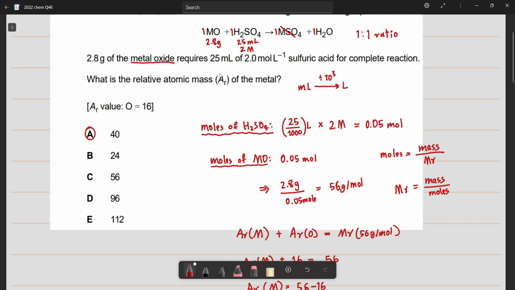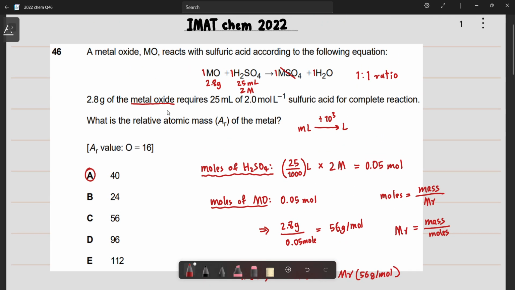It's fairly easy. First, you have to focus on the given data. We're only given data for the reactants, so we're going to focus only on the reactants and ignore the products, because we have nothing to do with them. Metal oxide and sulfuric acid, we arrange them in a ratio. We know it's a 1-to-1 ratio.